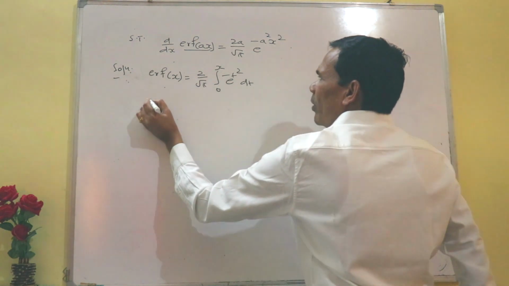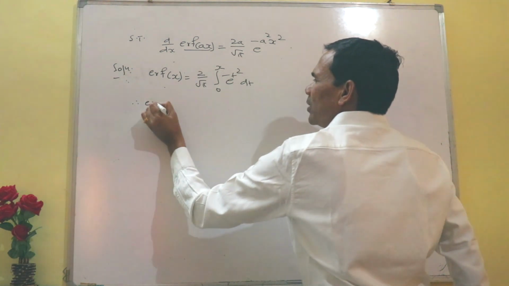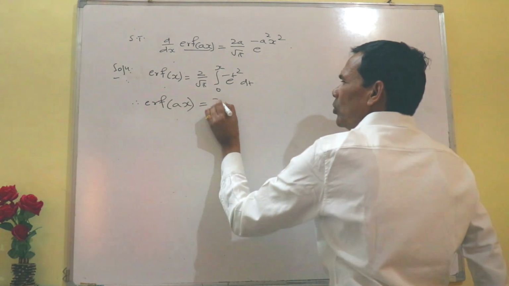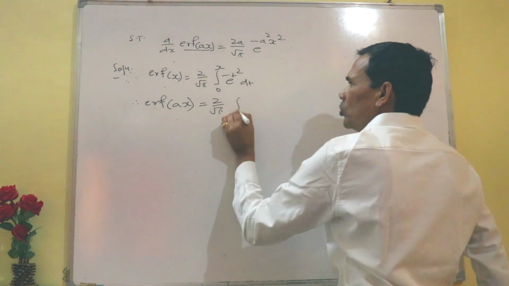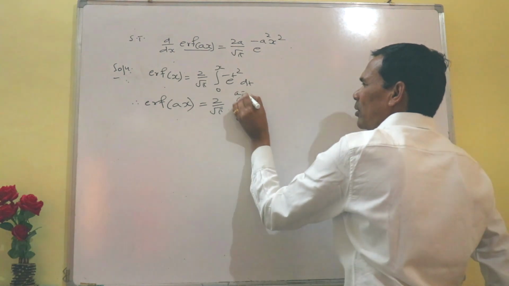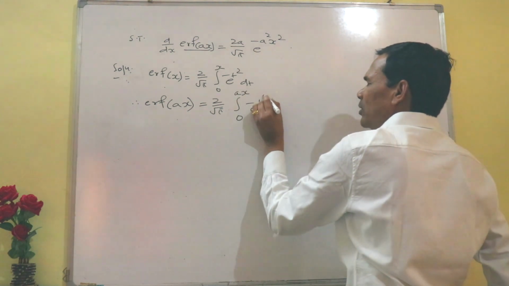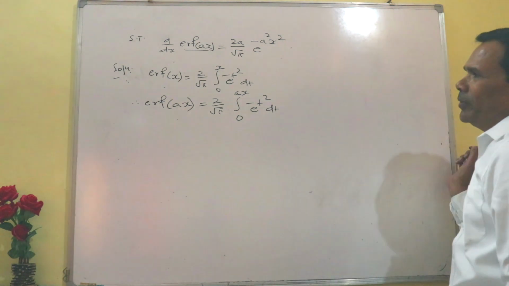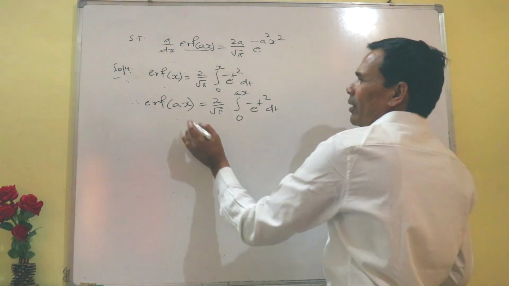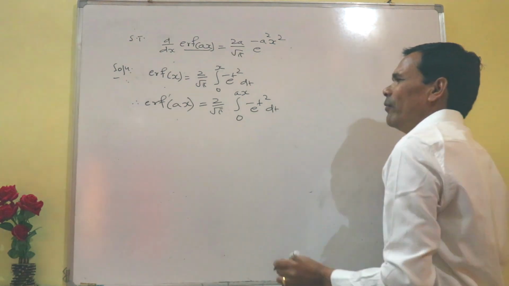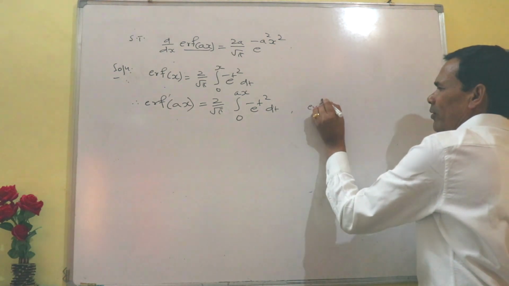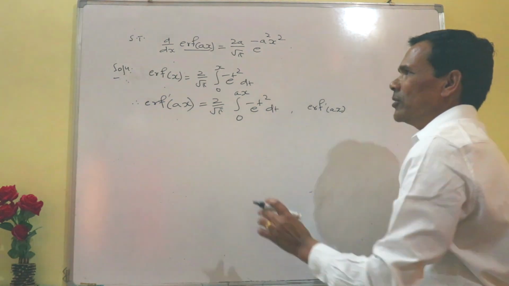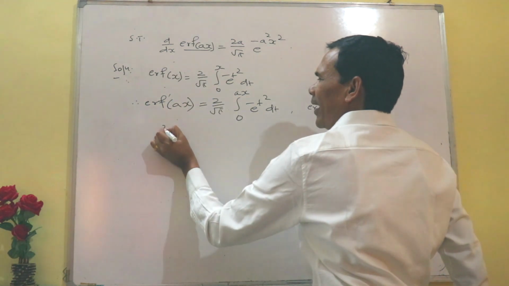Now error function of ax, therefore x is replaced by ax, is equal to 2 upon root pi, integral from 0 to ax of e raised to minus t square dt. Now we have to find the derivative of this with respect to x, where x is the parameter.